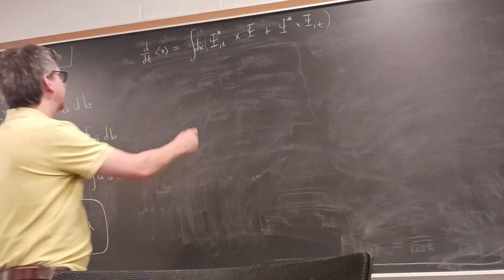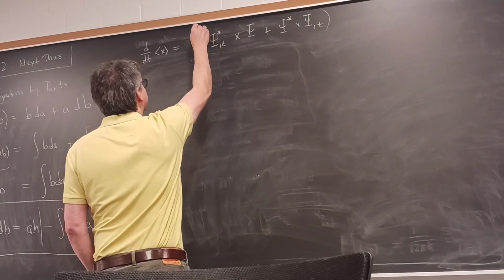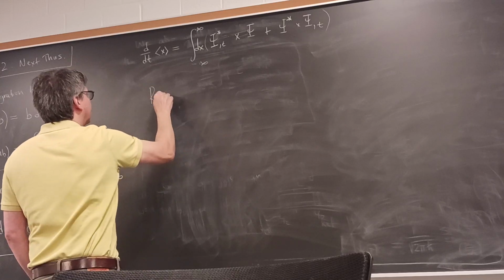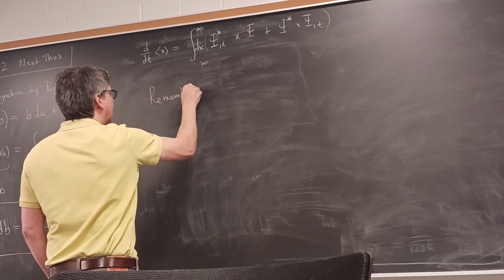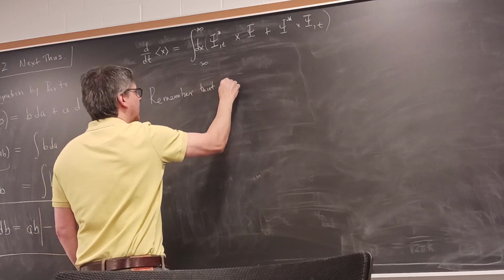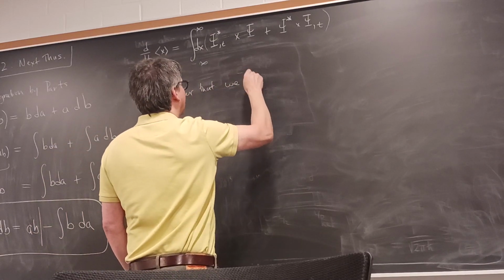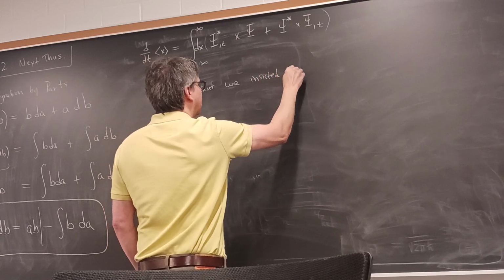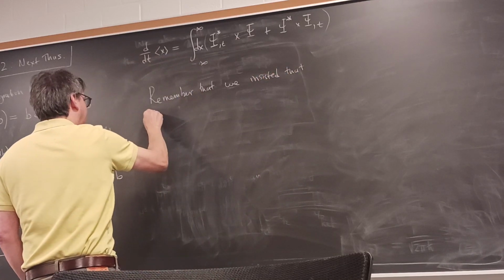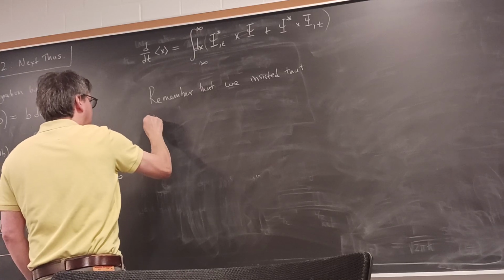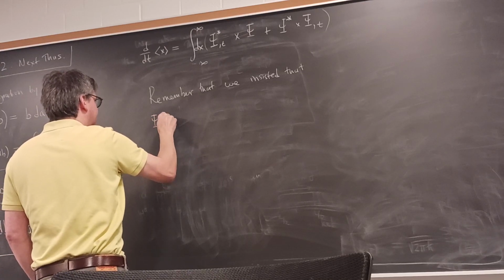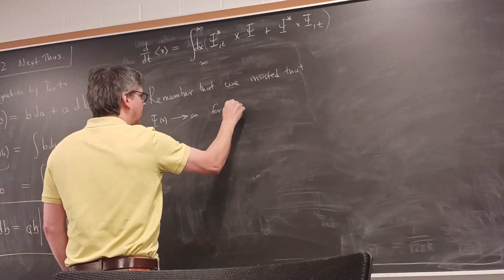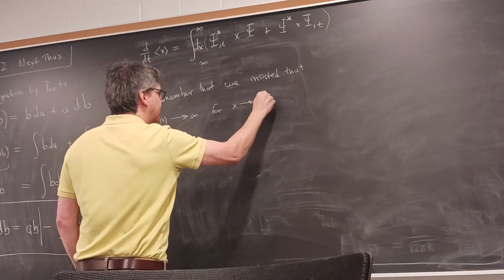Now, let's write them once. So this is minus infinity to infinity. And remember that we insisted that psi of x goes to 0 for x going to plus or minus infinity.